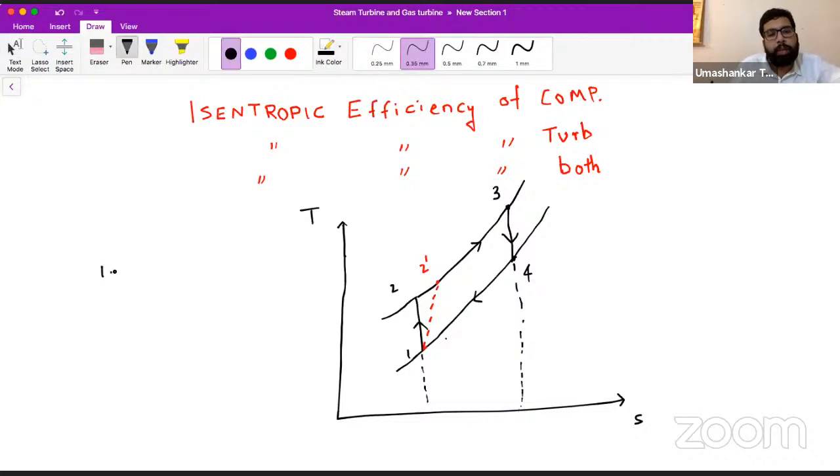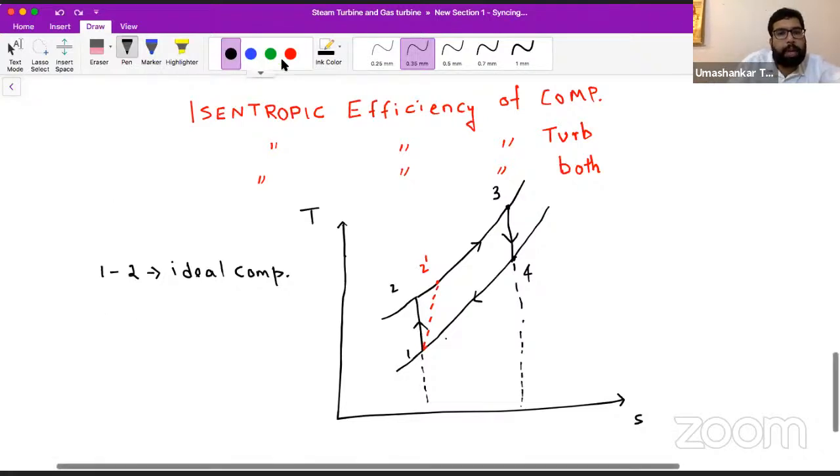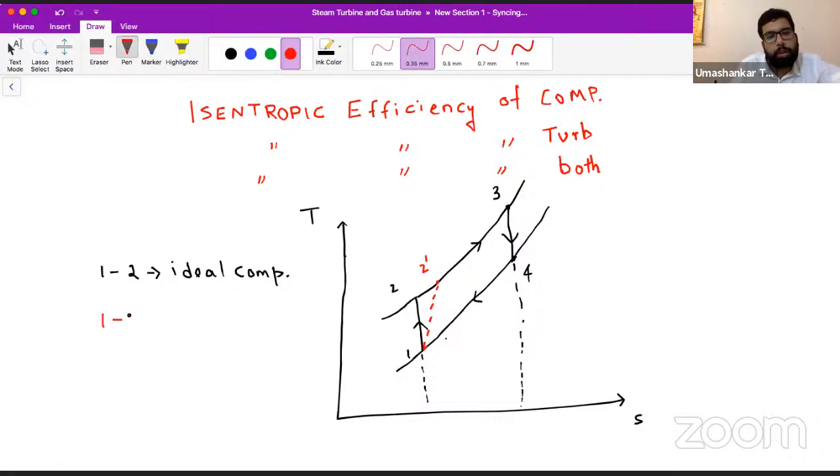So this is 1 to 2. This 1 to 2 represents ideal compression. And 1 to 2 dash, in the red pen, represents actual compression, in which you are going to consider the isentropic efficiency.